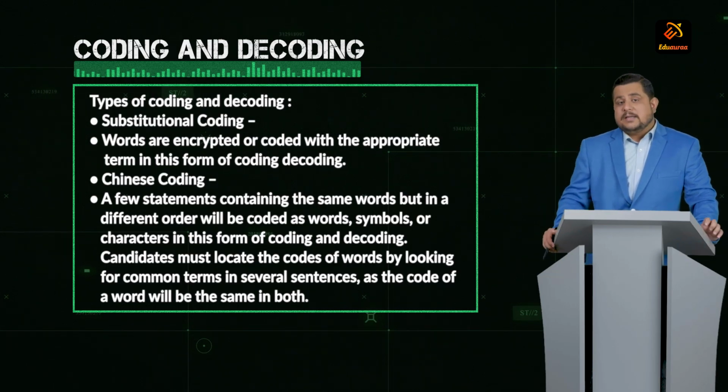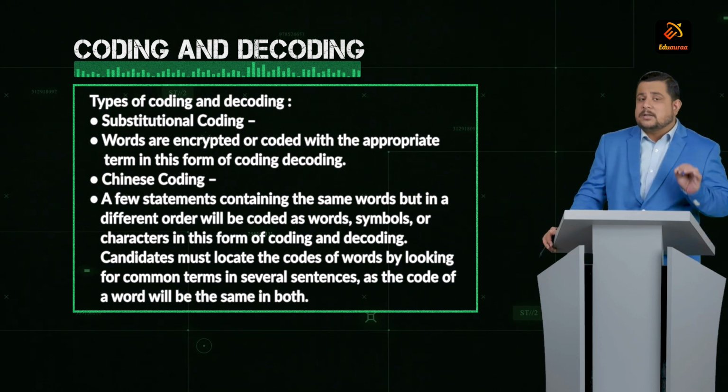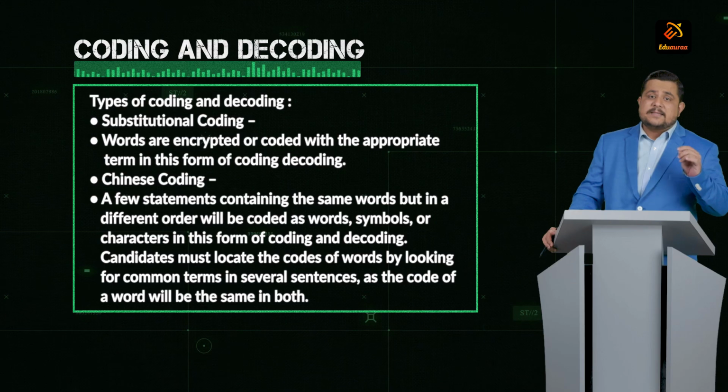Now, Chinese coding. A few statements containing the same words but in a different order will be coded as words, symbols or characters. So you must locate the codes of words by looking for common terms, a common factor, in several sentences.